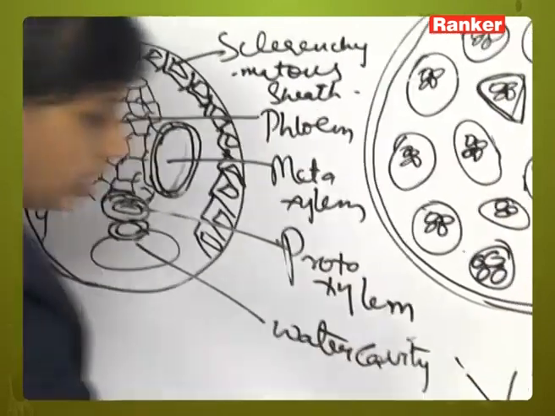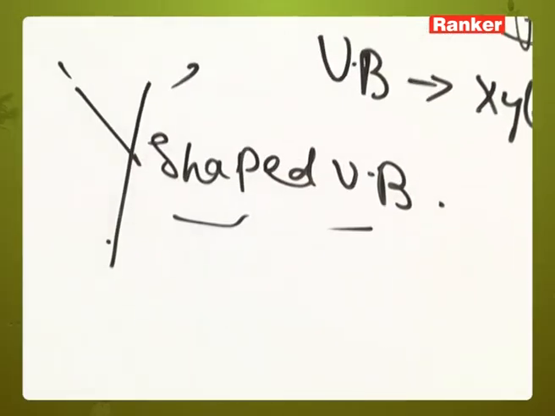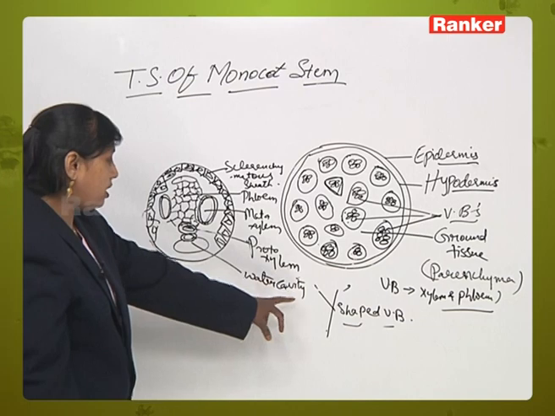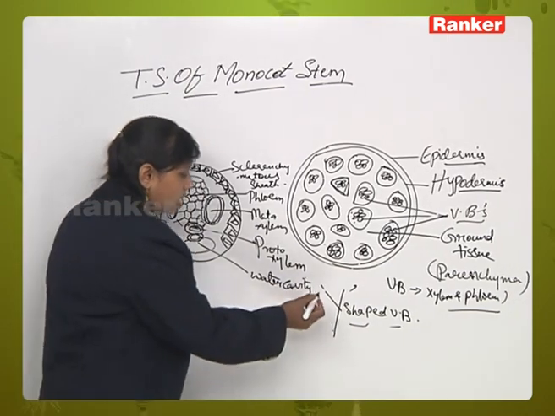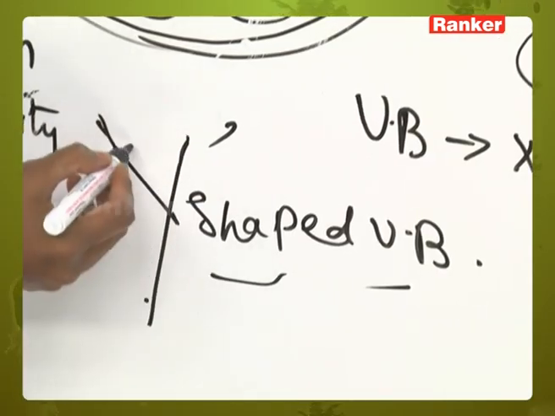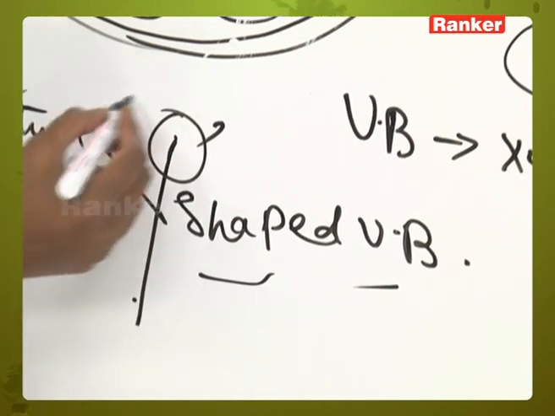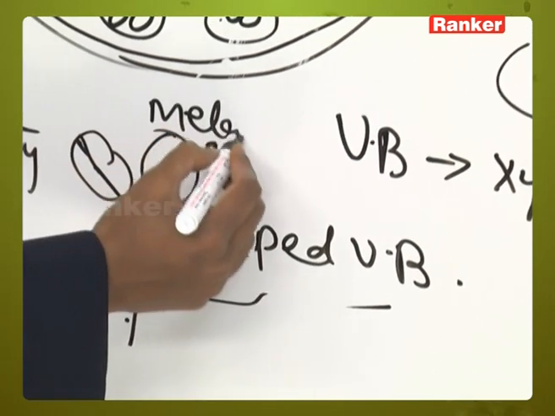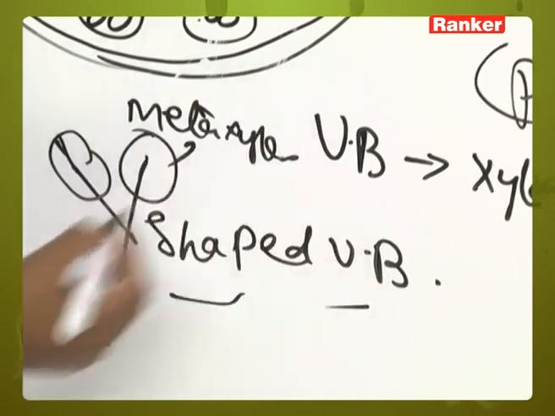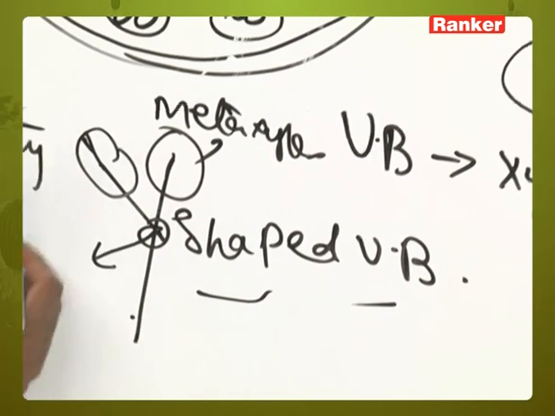Now we said that the shape of the vascular bundle in monocots is Y shape. So where is the Y shape? In the Y shaped vascular bundle, the arms of the Y are the metaxylem, and the protoxylem is present towards the center.